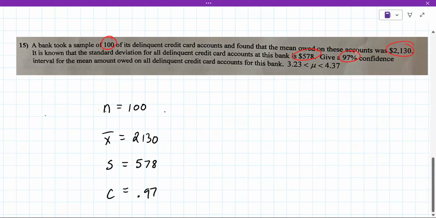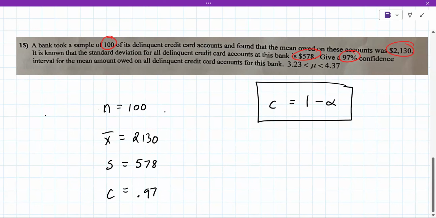That's something that might go on your reference sheet, that C is equal to 1 minus alpha. So if it asks for a confidence interval of 0.97, the alpha level is 0.03, for example.